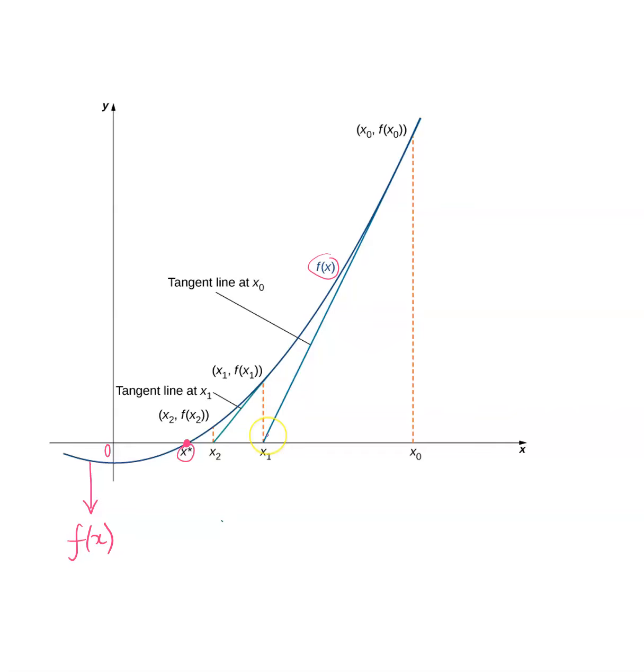Again, this is true only if that tangent line was not a horizontal tangent. Because say you got a horizontal tangent, then you can't really stretch it to meet the x-axis. There will not be an x-intercept, isn't it? So you can find a value in the neighborhood of your expected solution.